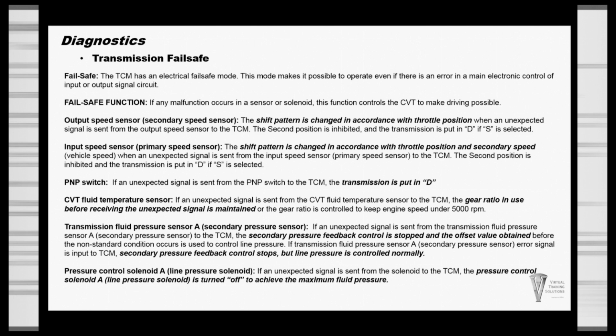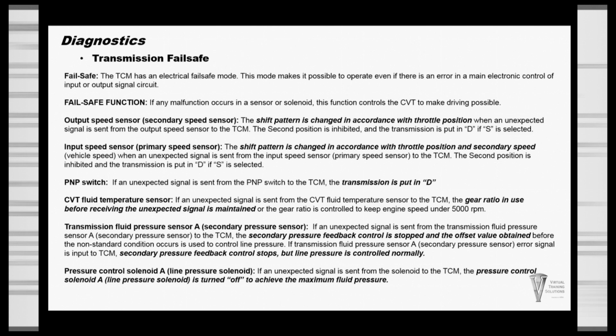So if we have a temperature sensor problem, it's going to basically put the gear ratio back to the gear ratio before receiving the signal is maintained. What they're going to do there is they're going to try to keep the engine RPMs down, and they're going to limit the gear ratio, try to keep the transmission cool.